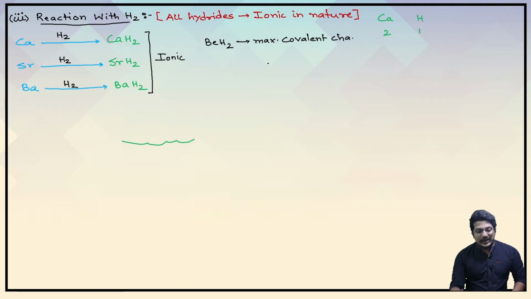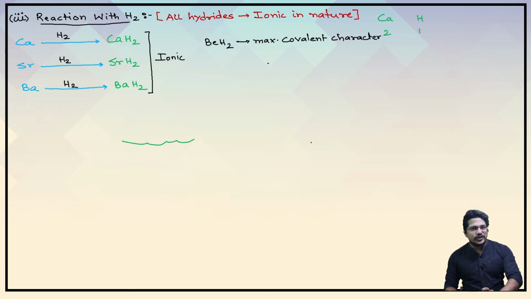Okay, and why is that so? It's because of the anomalous property of beryllium which we'll study shortly. We won't talk much about it right now, but I'll tell you the reason why that anomalous property is happening. It's because of small size.